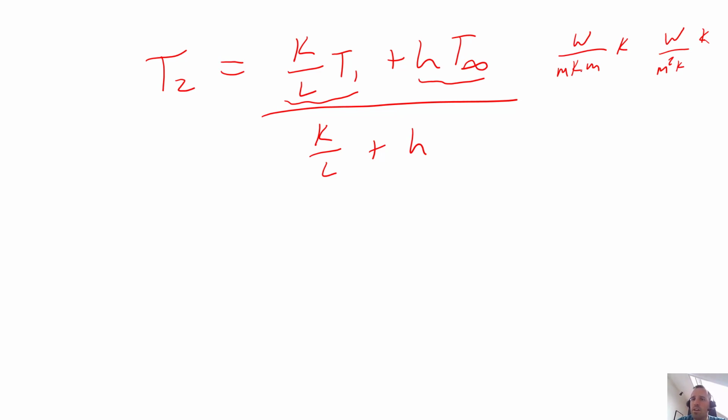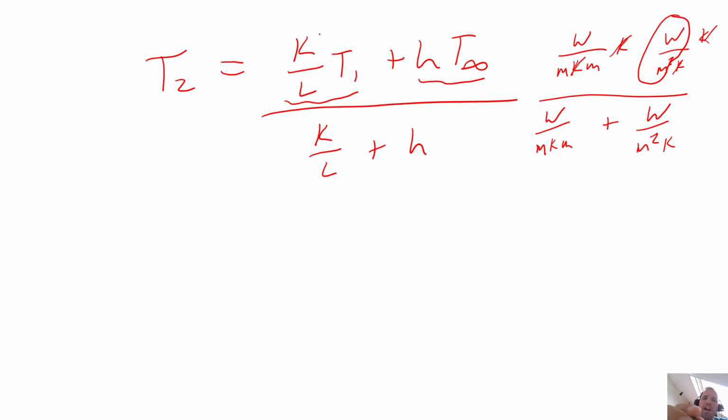The Kelvins cancel out, and each of those terms has units of watts per square meter. Let's look at the denominator. k has watts per meter per Kelvin, L again is meters, and h is watts per meter squared per Kelvin. So on the denominator we get watts per meter squared per Kelvin.